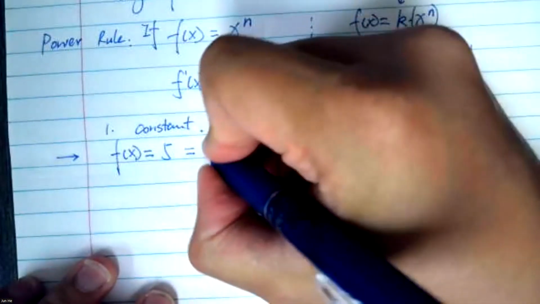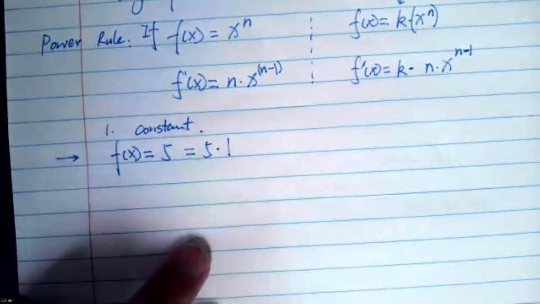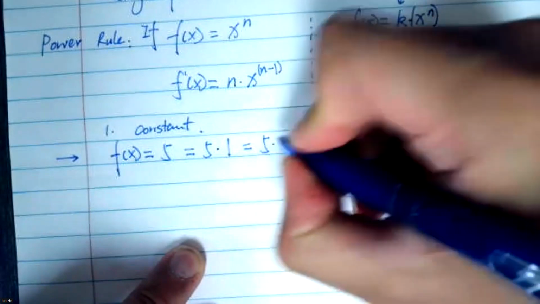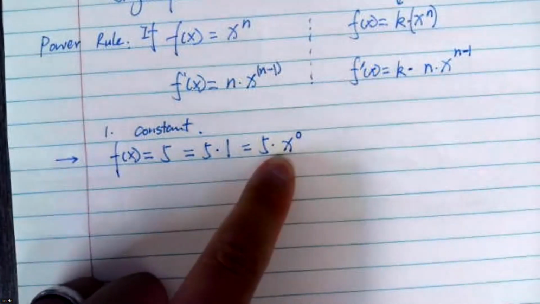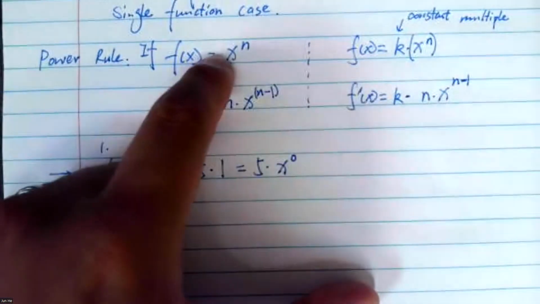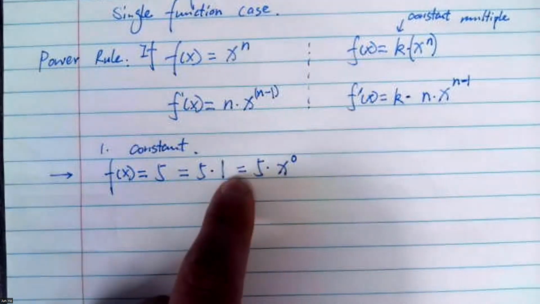For the constant case, it is actually 5 multiplied by 1. We agree with that, right? And that is 5 multiplied by x to the power of 0. Why do I need to write it in this form? Because here we see you need an x to do the derivative, to apply the power rule.